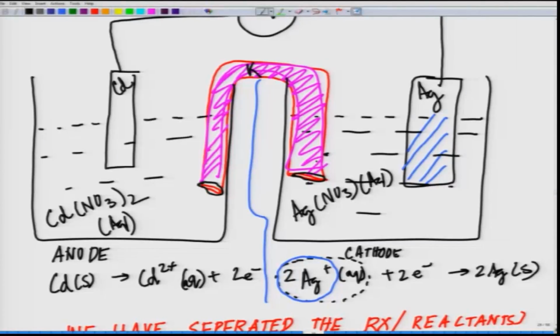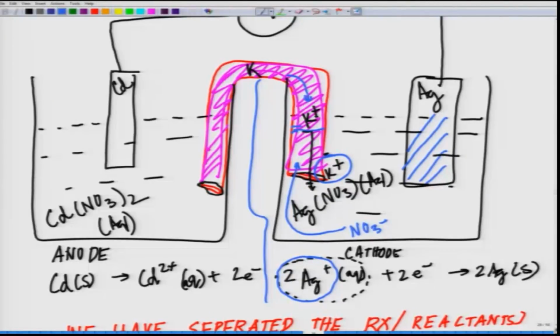There is a movement of some of the potassium ions coming onto this side, whereas some of the NO3 minus is moving out there. This is a small amount of movement of ions. It does not proceed further. This is where some of these potassiums are moving onto the cathode side.